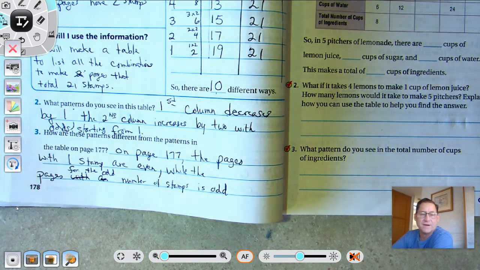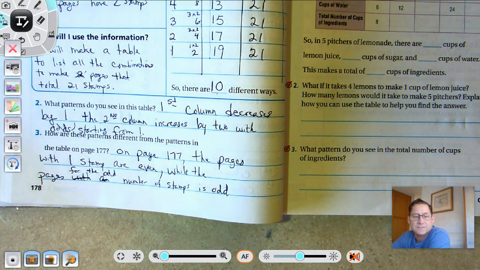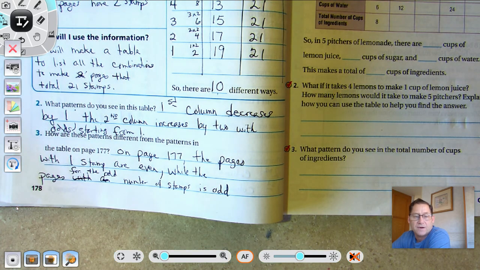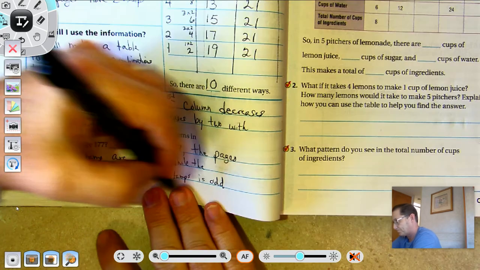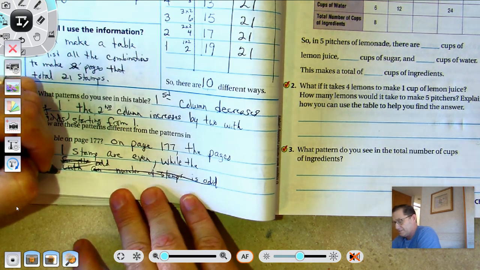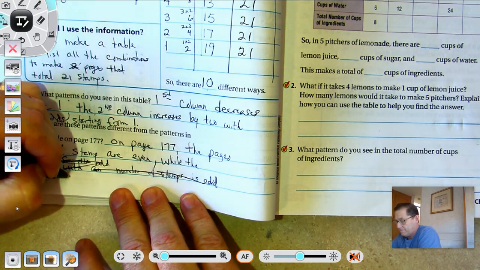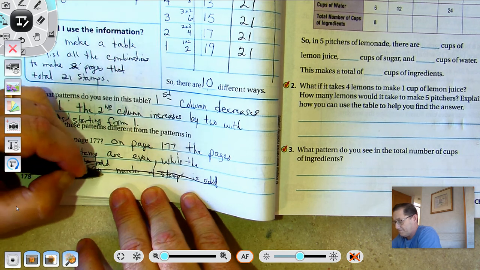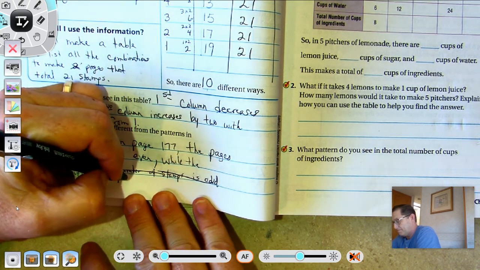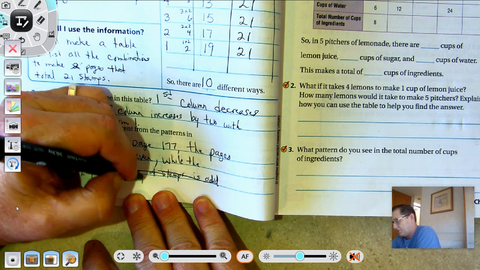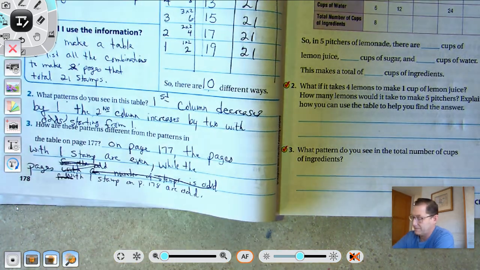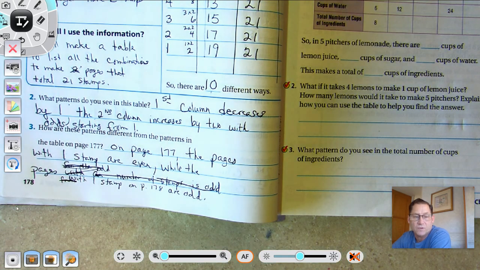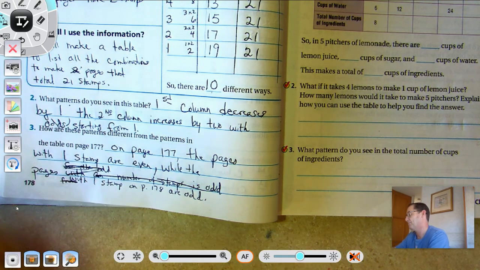I'm not sure I like the way I worded that. On page 177, the pages with 1 stamp are even, while the pages with 1 stamp on page 178 are odd. Okay, that's a little more clear. While the pages with one stamp on page 178 are odd. Okay.